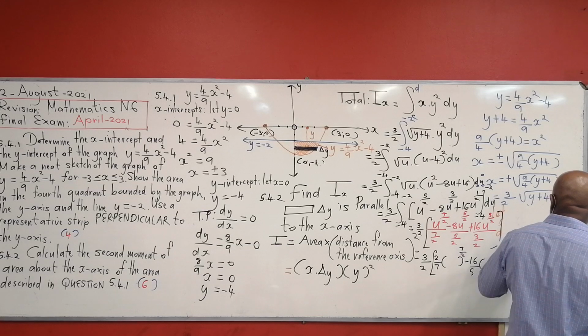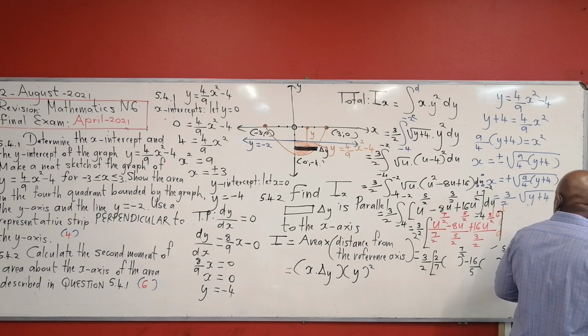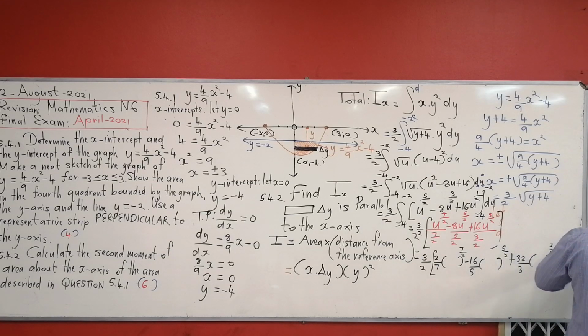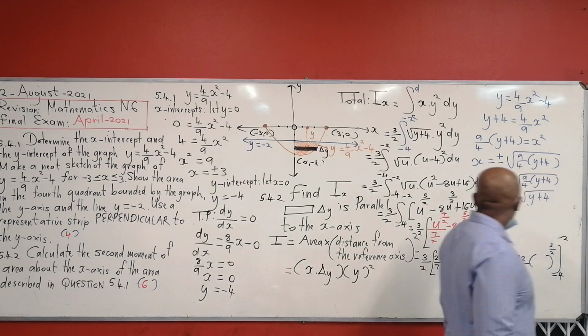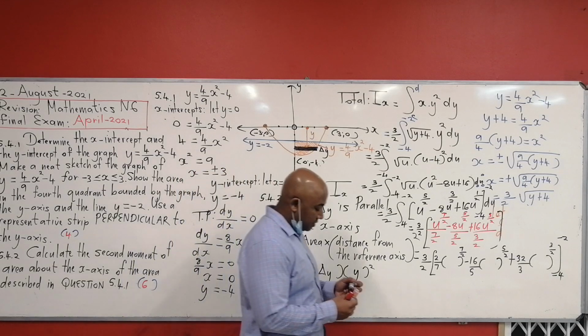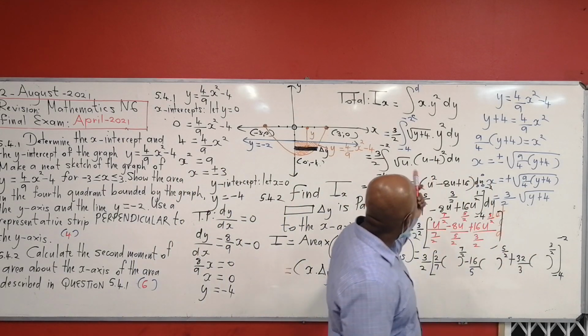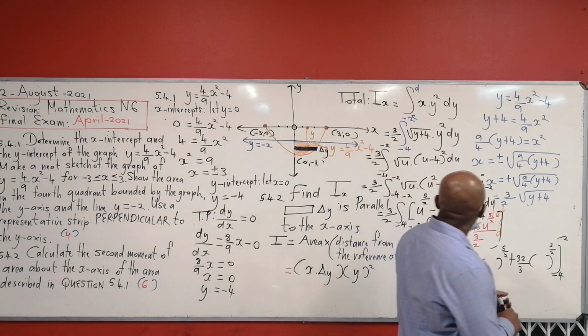Plus 16 times 2 is 32 over 3, u to the power 3 over 2, and we're substituting minus 2, minus 4. So what was u? I let u equal to y plus 4.